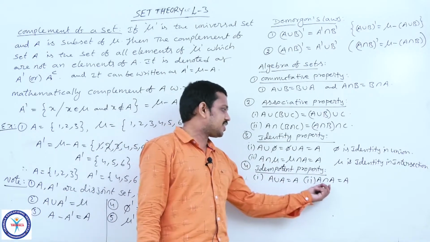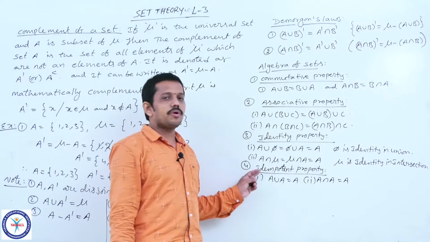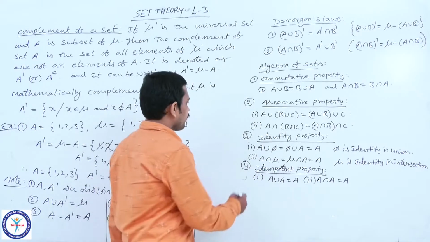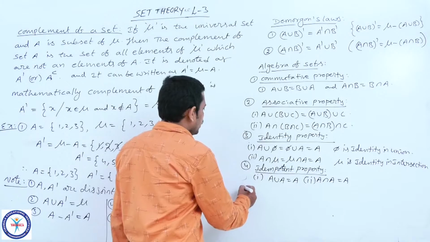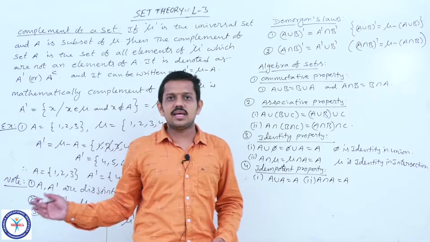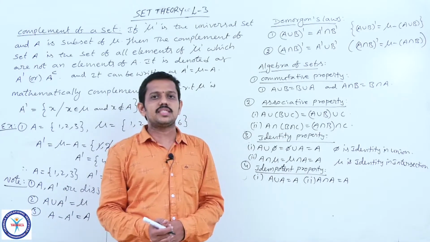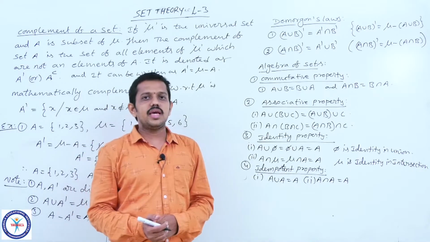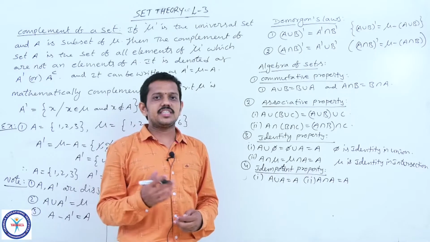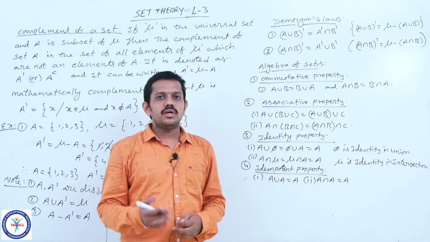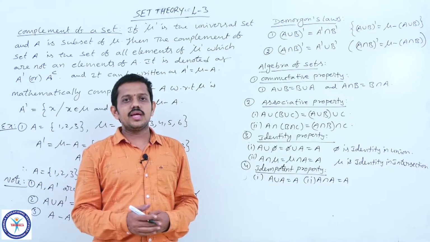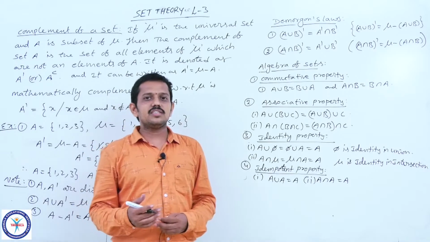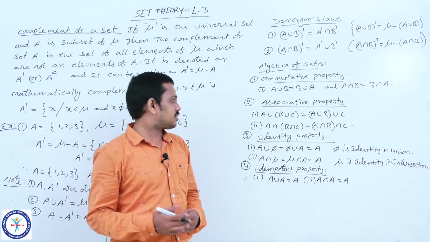So union and intersection both follow the idempotent property. And next one, distributive properties. Already earlier we discussed A union B intersection C is equal to A union B intersection A union C, and A intersection B union C is equal to A intersection B union A intersection C. These are called distributive properties.